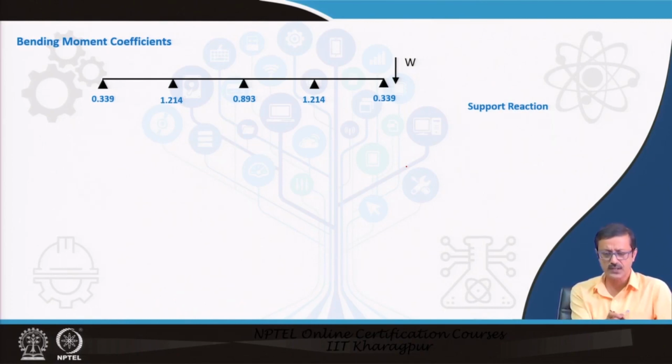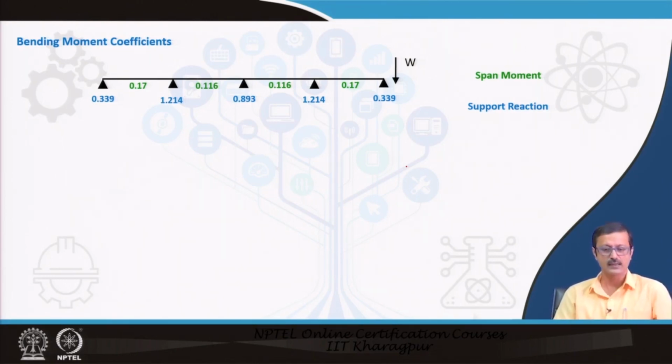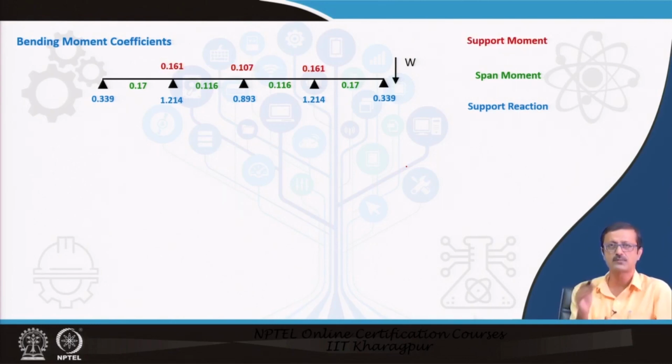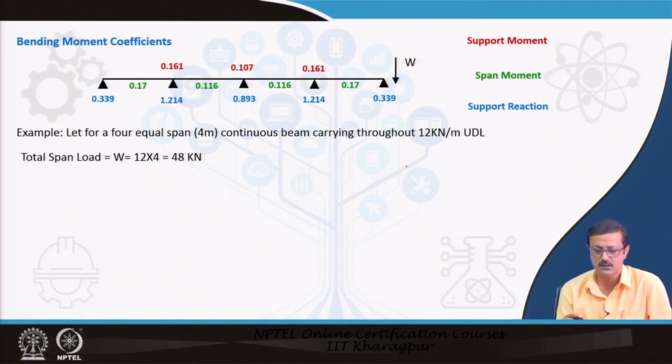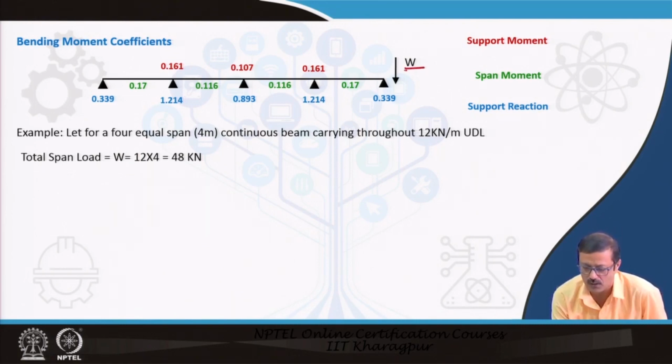This coefficient written below the support is the reaction coefficient. Something written below the beam span is the span moment, that is positive, sagging, and something written above the support will be the support moment coefficient. Suppose I have equal spans of 4 meter carrying a 12 kilonewton per meter UDL. Capital W is the total load on the span.